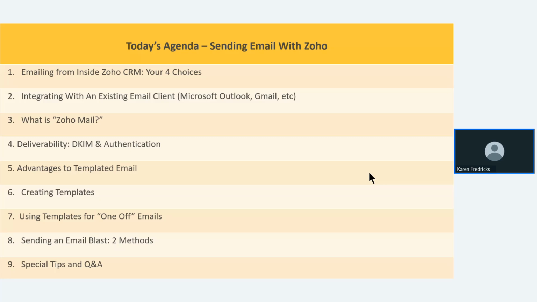We're going to talk about templated emails, how to create some templates, how you could do e-blast, a couple of methods using our templates. And then we're going to have a couple of special tips that I have for you as always, and an open Q&A about anything that's on your mind. And although I'm happy to answer any questions, try to keep them related to Zoho.